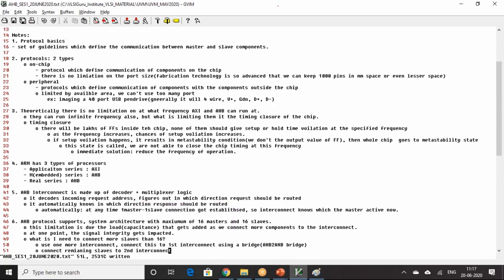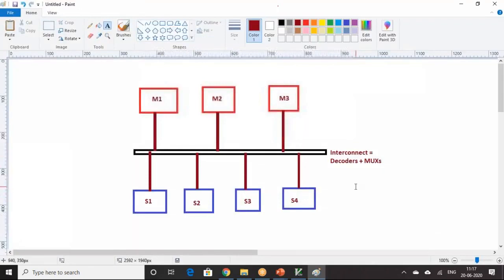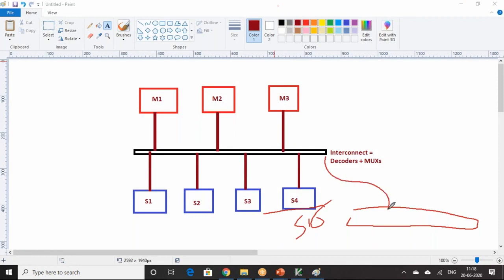Assuming I have done till S15, I will connect this as slave 16 through a bridge. Here I will connect more slaves, S17, S18, S19, S20, like that. That is how you can extend the number of slaves in the AHB architecture.